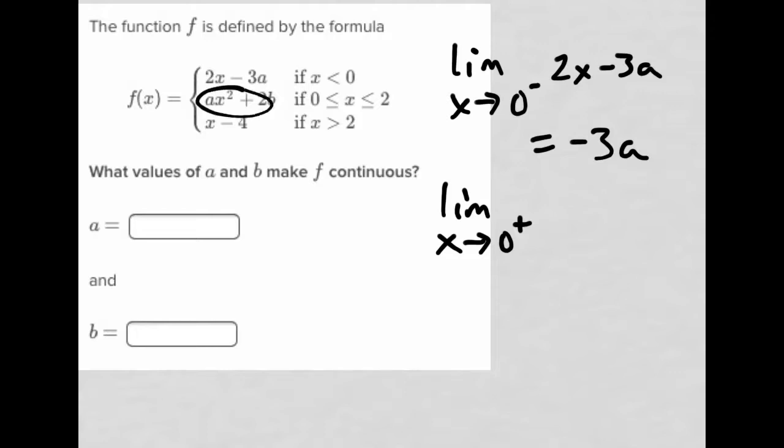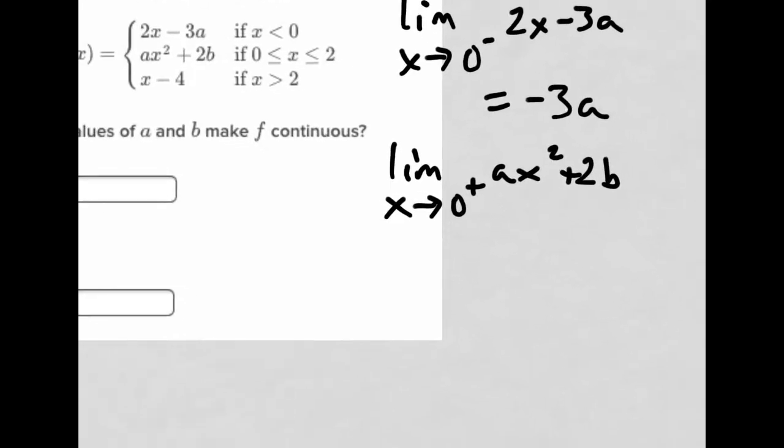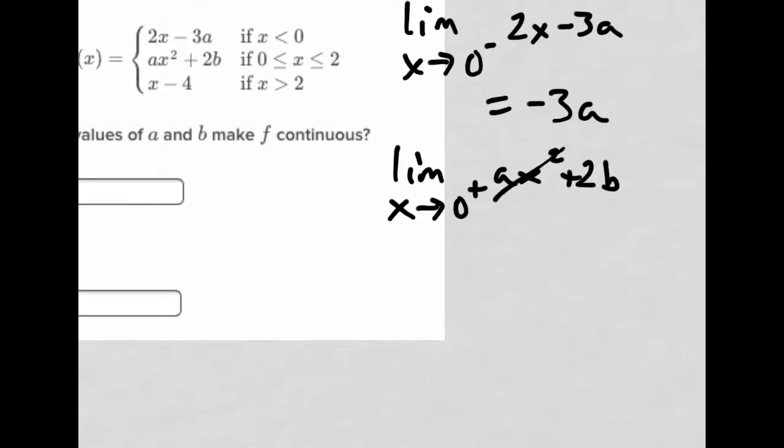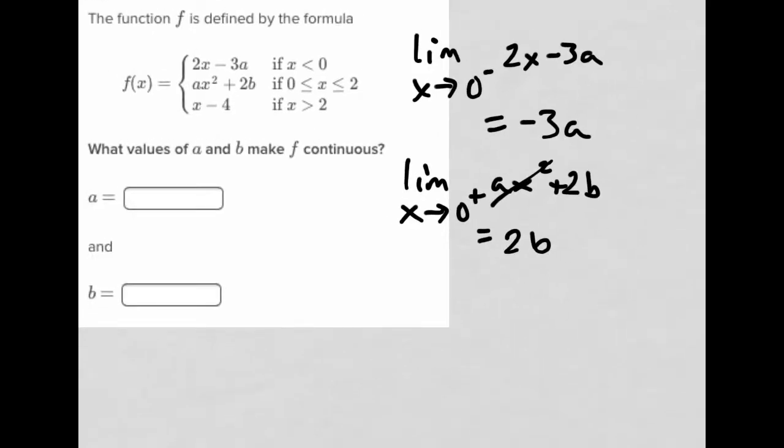So I have to use this. So that's what I'm taking the limit of. Ax squared plus 2b. And then x being 0, that goes away. I just get 2b. So the limits have to agree. So I have to say that these two are equal. So negative 3a must equal 2b. For this to be continuous, they have to be equal.